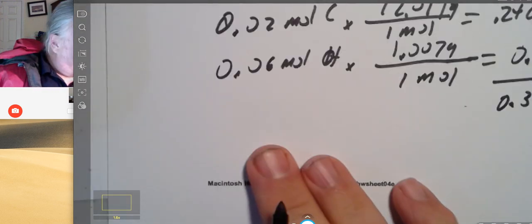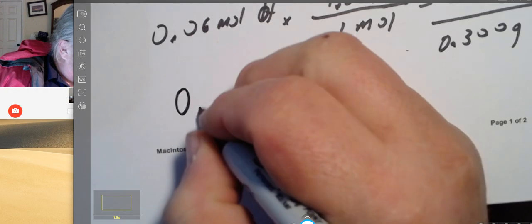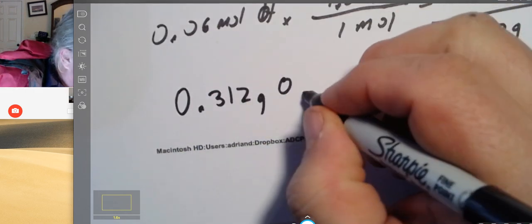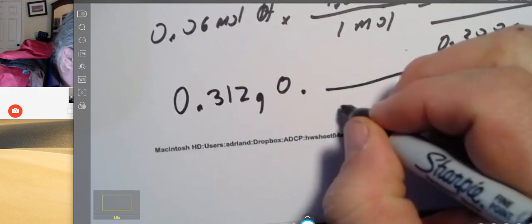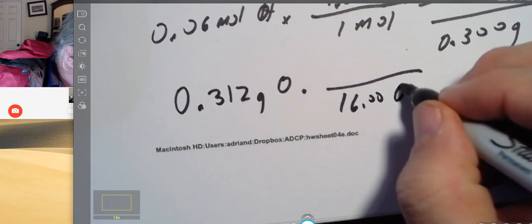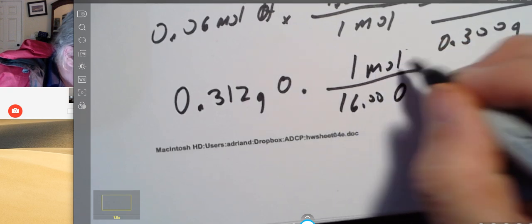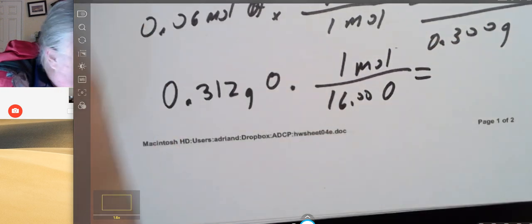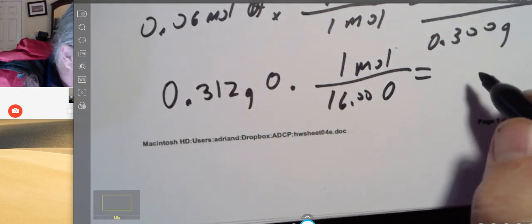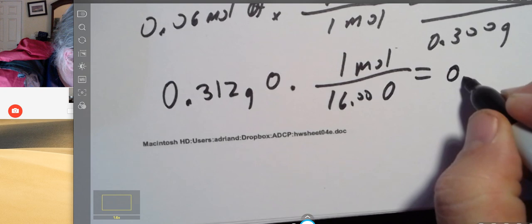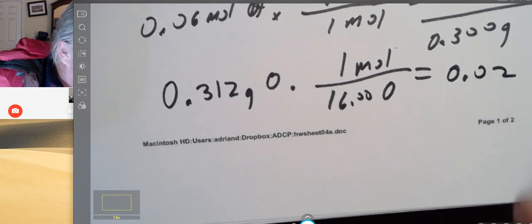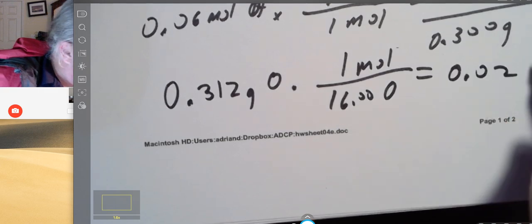So now, if I take that number, and we'll go down here just to have more room, 0.312 grams of oxygen, and I'm going to divide that through by the molar mass, or the atomic mass of oxygen per mole, divided by 16, I'm going to get moles of oxygen, 0.02 moles.